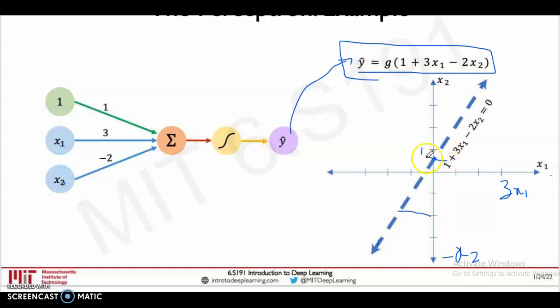Here 1, here 3x1, here 1, then 2x2. So that's it again.